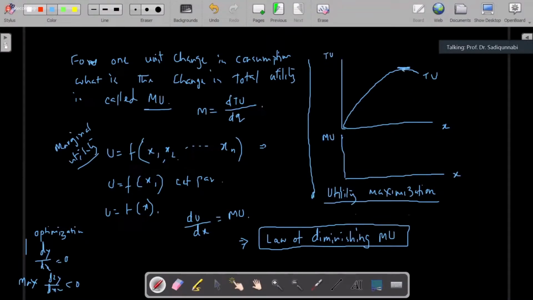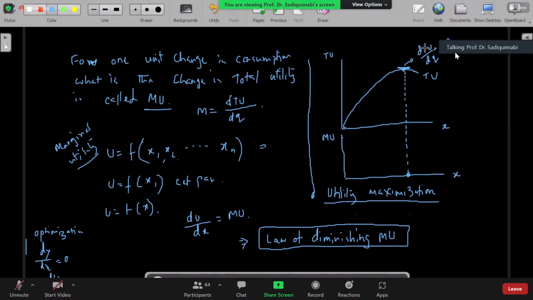If we draw a corresponding line, this point should be 0 MU. Why? Because at this point, dTU/dQ, where Q means quantity of good X, is equal to 0.